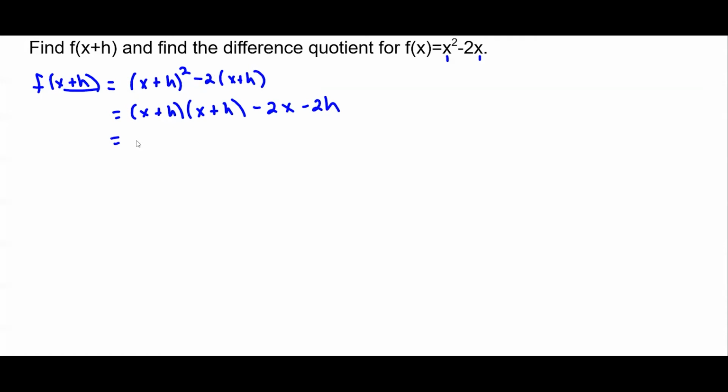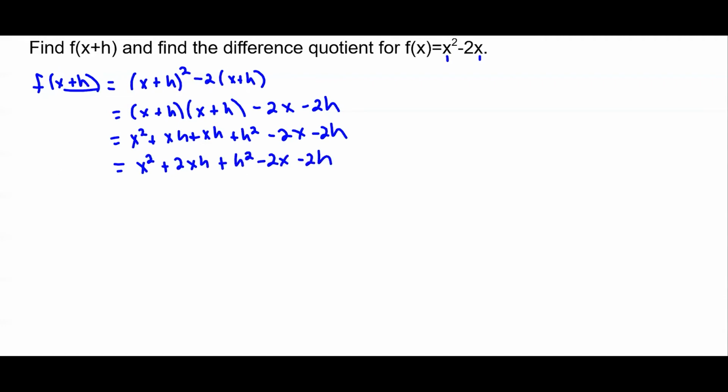So to multiply this out, I get x squared plus xh plus another xh plus h squared. And then that gives me -2x minus 2h. And that is f of x plus h.